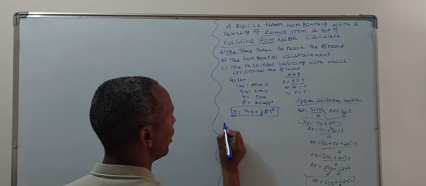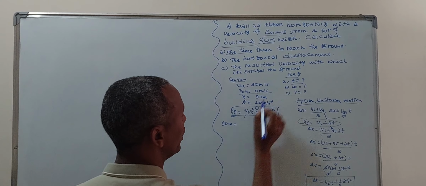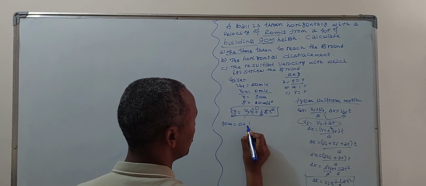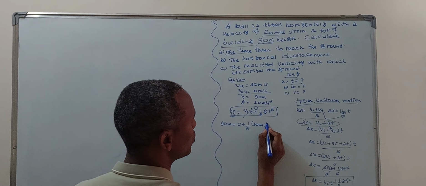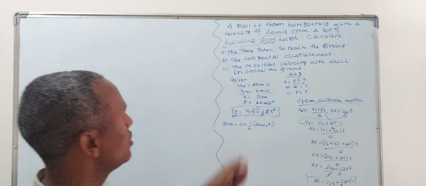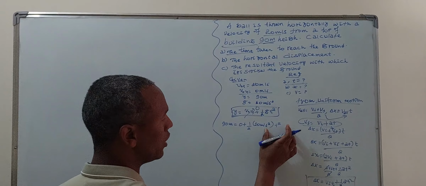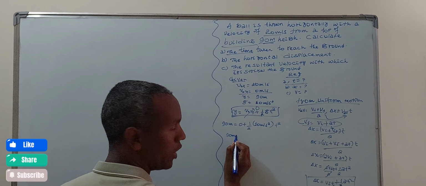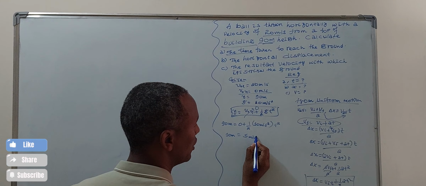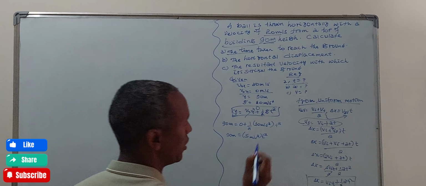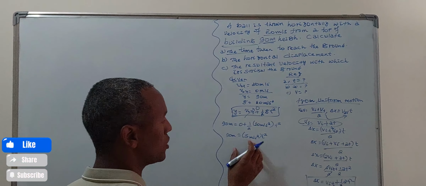Now, we have y, which is 90 meters, equal to this term, which is basically 0 over here, so 0 plus 1 over 2 g, where g is 10 meters per second squared, and then time is the required time, t squared. So 90 meters is equal to 5 meters per second squared times t squared. So you can divide both sides by 5.